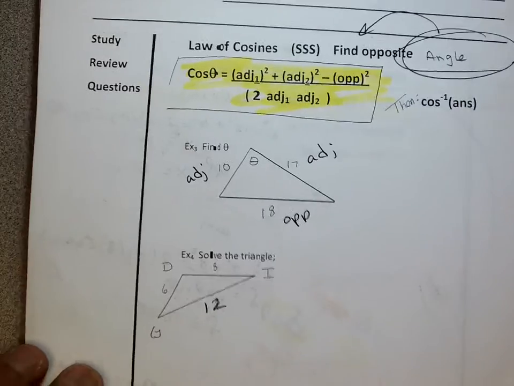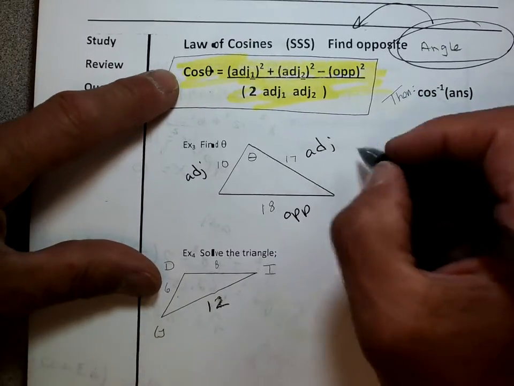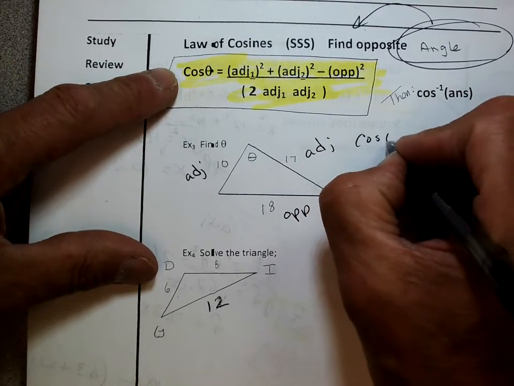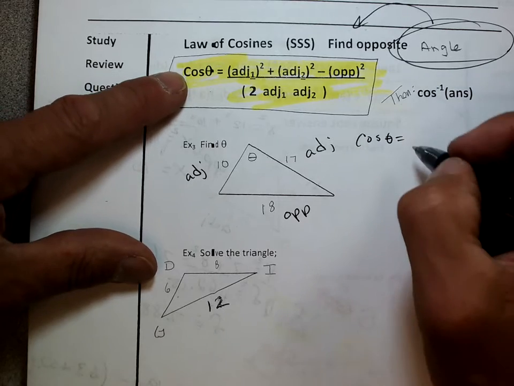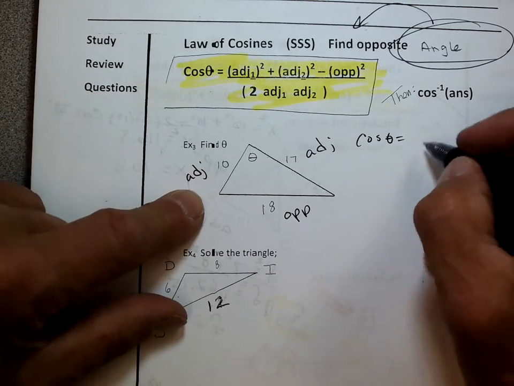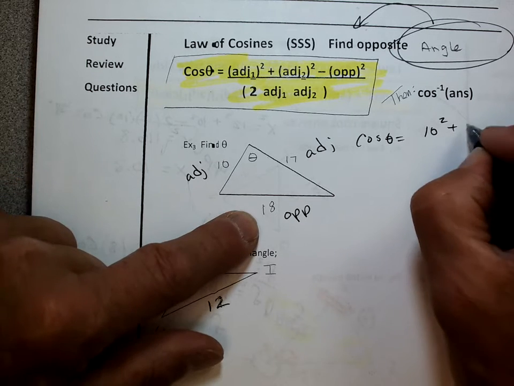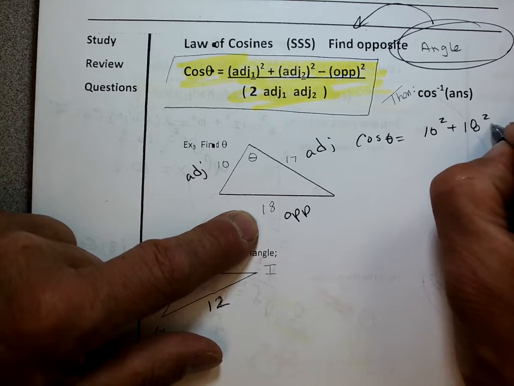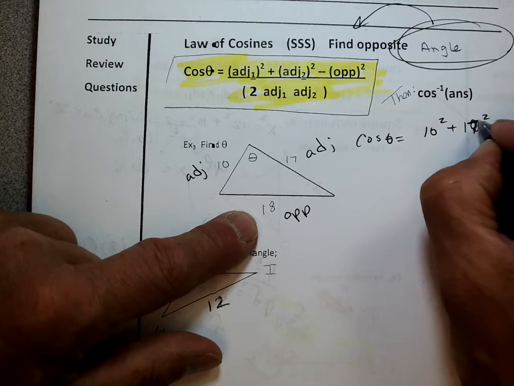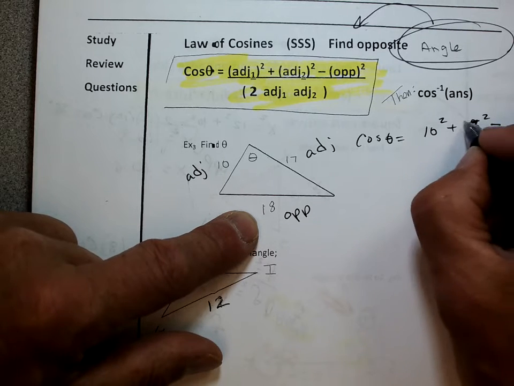So let's set up the formula. So it goes cosine of theta equals, let's see, adjacent, which is 10 squared, plus adjacent, which is 17 squared. Oops, 17, my bad. Thank you, guys. Oh, yeah, 17.